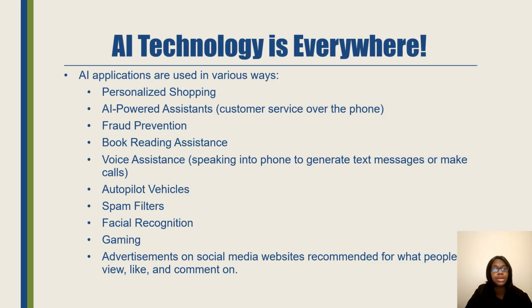It is everywhere: whenever you go shopping, whenever you're talking to customer service on the phone, fraud prevention, helping you read a book, voice assistants, especially whenever you are speaking into your phone to make a text message to someone, autopilot vehicles, spam filters, facial recognition when you get into your phone without punching in your password, gaming, and advertisement on social media.